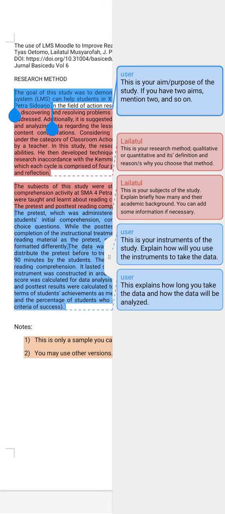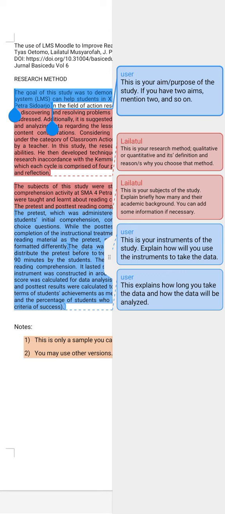The sample started with purpose of the study or the aim of the study. It is generally known for the writers to start the research method by stating the purpose or aim of the study.